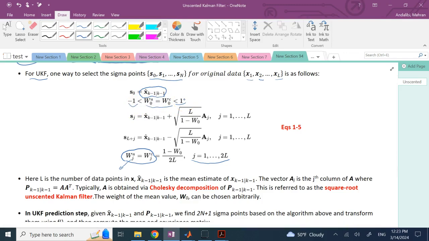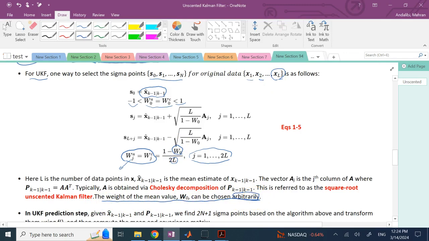Then what? After j of 0, so from j of 1 to 2L, now again you pick them equal, but here use this formula, 1 minus W naught over 2L. L here is the number of original data points. And this parameter W naught in general, which is the weight of the mean value, can be chosen arbitrarily.